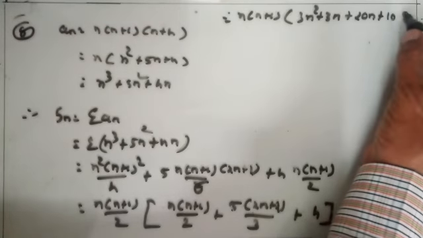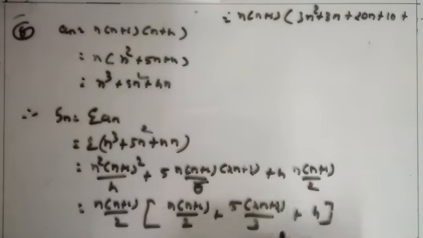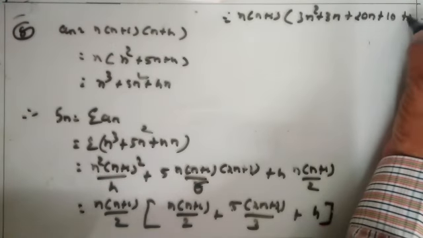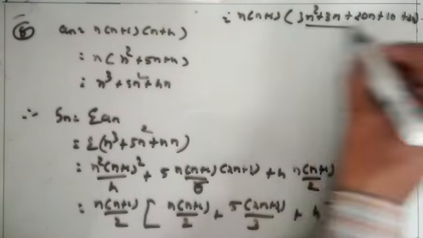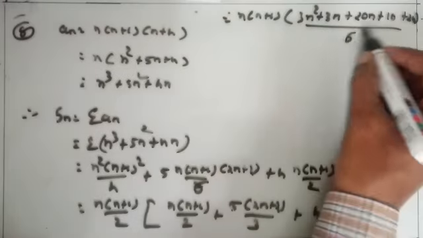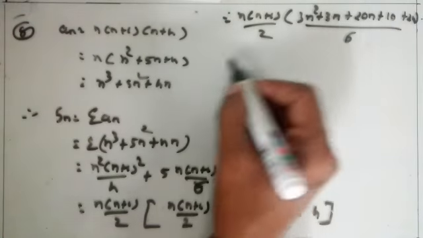So 10 plus here 6 into 4, 24 upon 6. Here 2 already given.